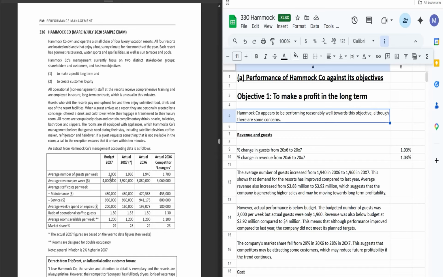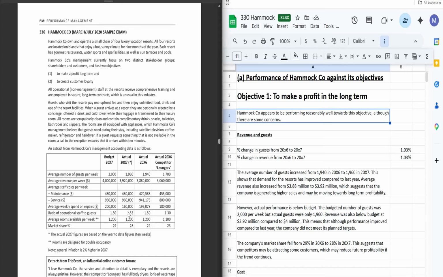The budgeted number of guests per week was 2000. However, we achieved only 1960, so we failed to achieve 2000, but the difference is very minimal. Regarding the revenue, we also achieved lower than what we had planned. However, maintenance cost is the same as we decided in the budget, and even the service cost is the same. But yes, average weekly spend on repair has been reduced.